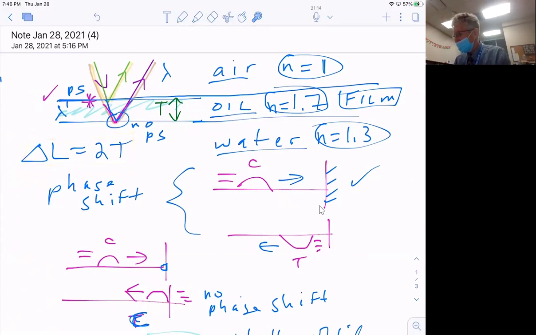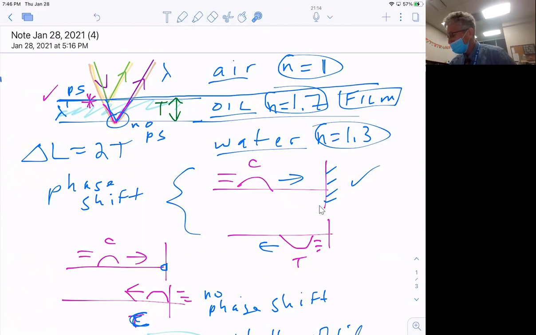Now let's talk about phase shifts. A phase shift is when a crest turns into a trough, or a trough turns into a crest, after reflection.